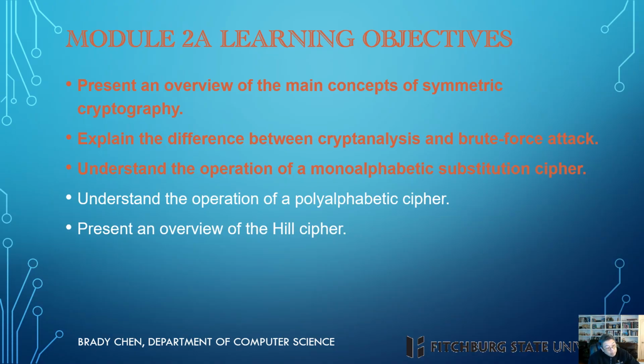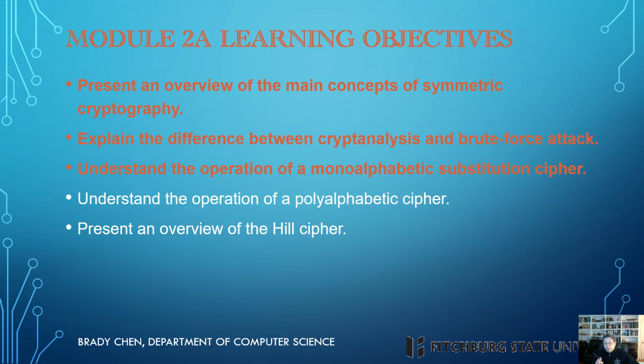Okay, we will divide Module 2 into two parts, Part A and Part B. Now, in Part A, we'll present an overview of the main concepts of symmetric cryptography. Now, remember, in the previous module, we discussed three types of algorithms: non-key, single key, and the two-key encryption algorithms. Now, symmetric encryption is a single key encryption.